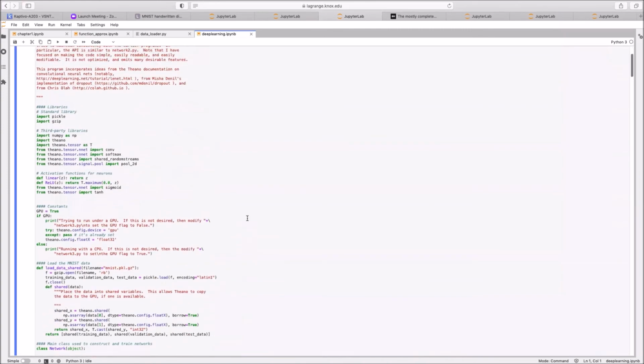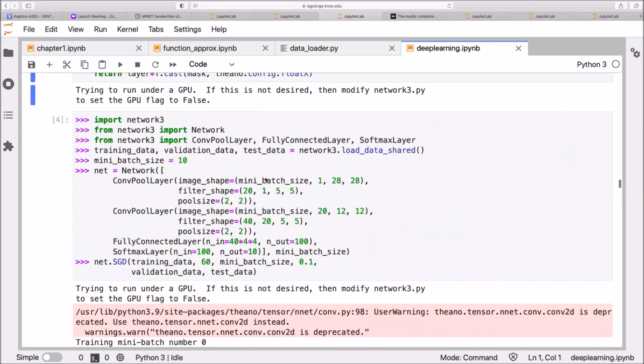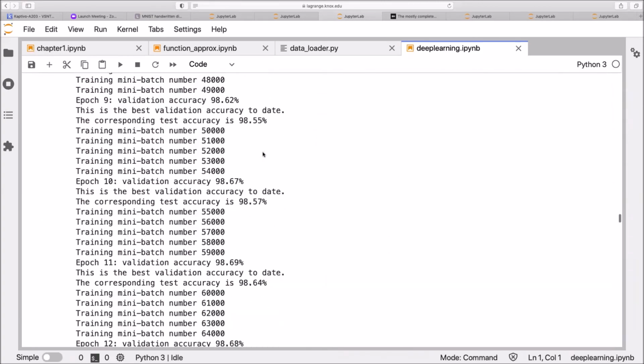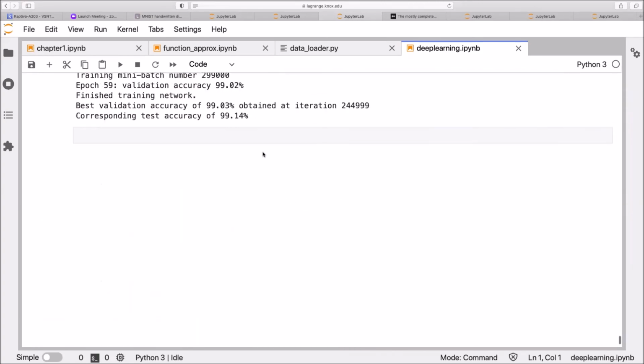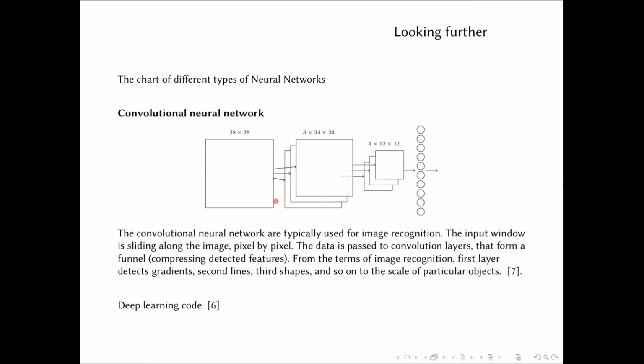Let me zoom in a little bit. This is our deep learning code, and I ran this yesterday. The highest accuracy we got is 99.14%. That's a huge improvement. This shows how powerful this network is.